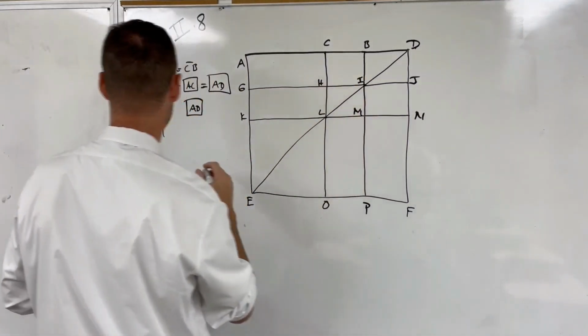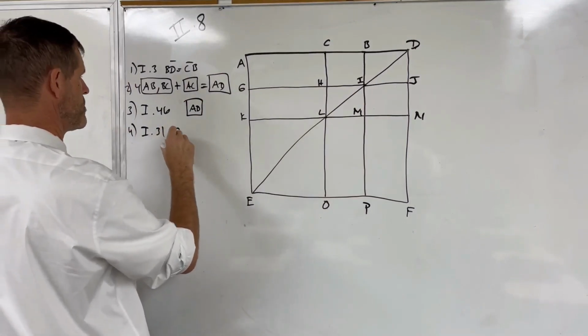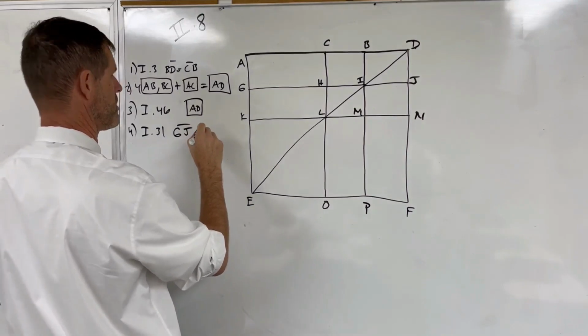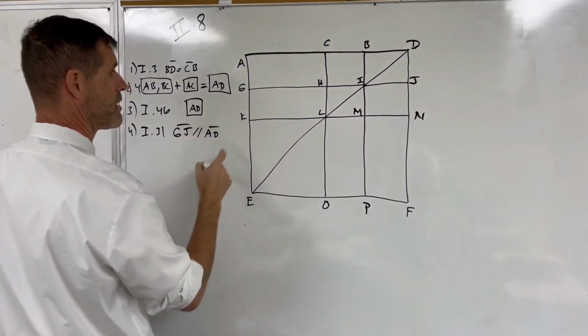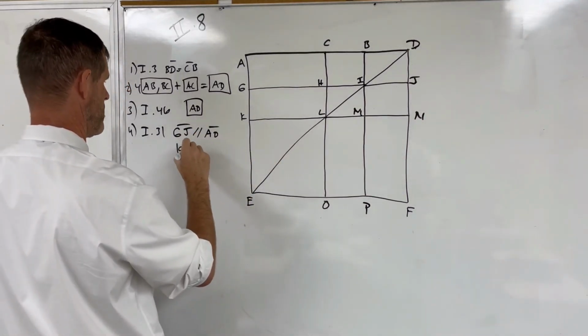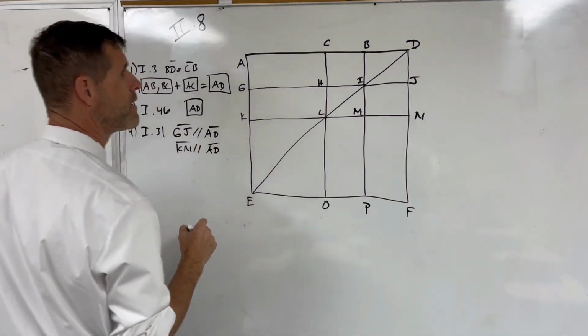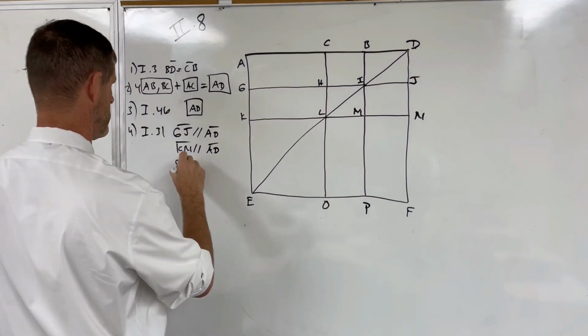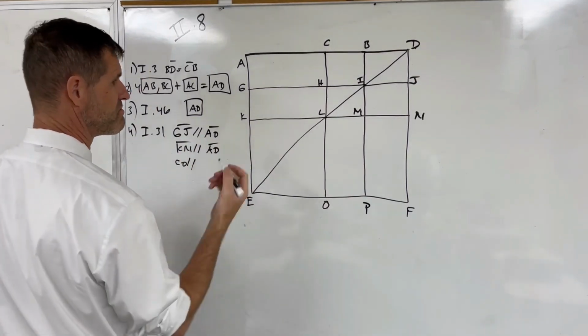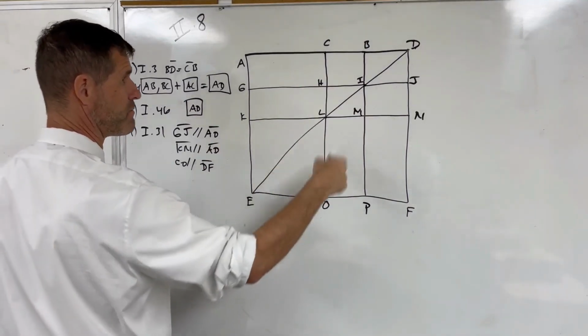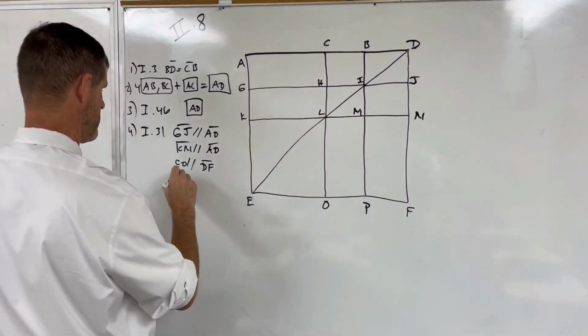Okay. So we write up here that GJ is parallel to AD, that KN is parallel to AD, that CO is parallel to DF, and that BP is parallel to DF.